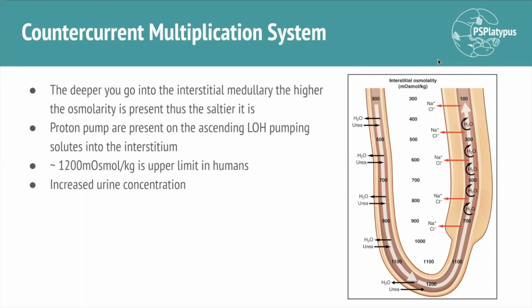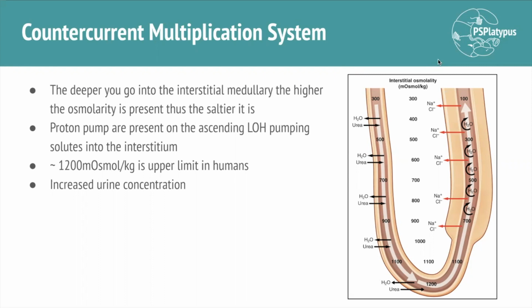As water is reabsorbed across the descending loop of Henle, the osmolarity of fluid within the descending limb increases. The high osmolarity fluid then enters the ascending limb, which is impermeable to water, and where sodium ions, our potassium ions, our calcium ions are actively pumped out of the fluid and into the interstitium.